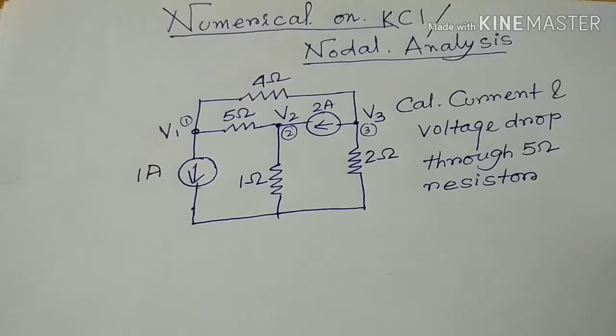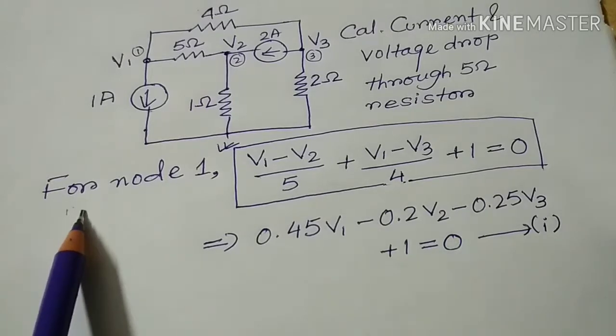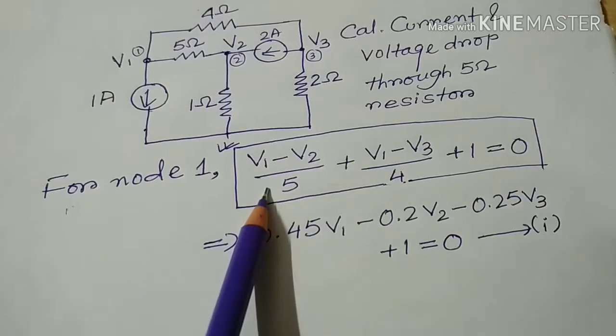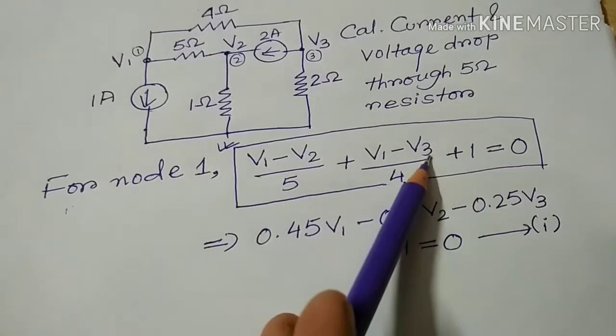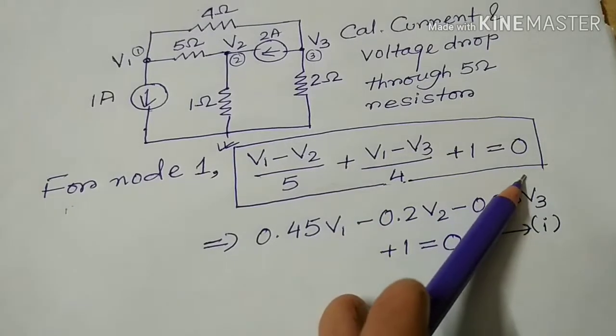So for node 1 the equation is (V1 minus V2) divided by 5, plus (V1 minus V3) divided by 4, plus 1, equal to 0.